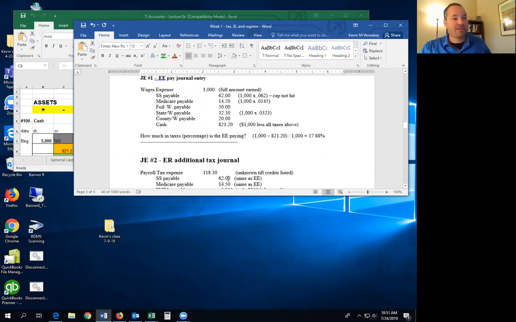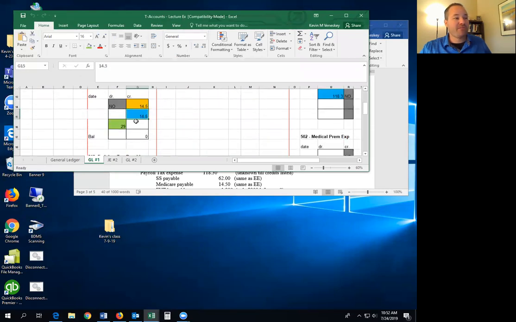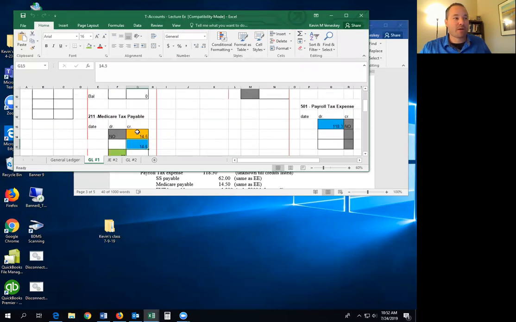So I can just copy these 2 amounts down. And then I come over to my T accounts and I do the same thing. Social Security and anything you see in blue, this is our second journal entry. So I had $62 extra coming out of the employer's pocket and $14.50 coming out of the employer's pocket for Medicare.